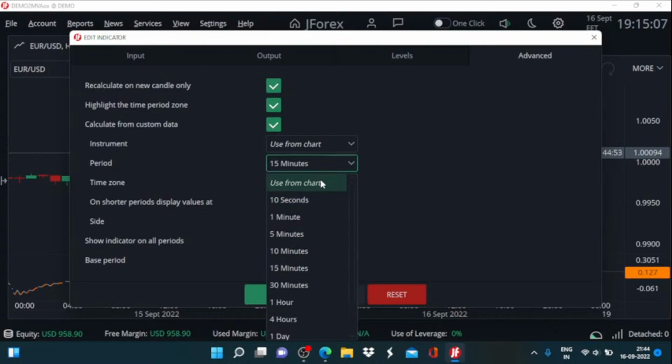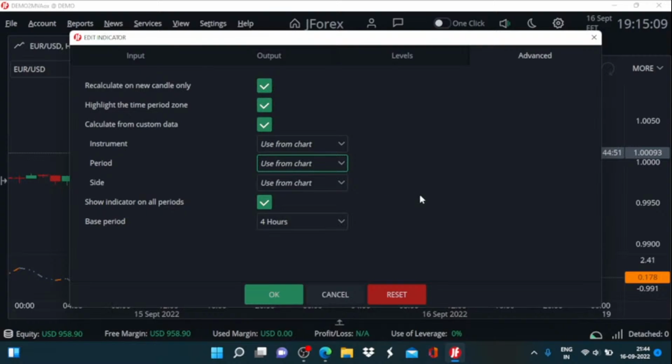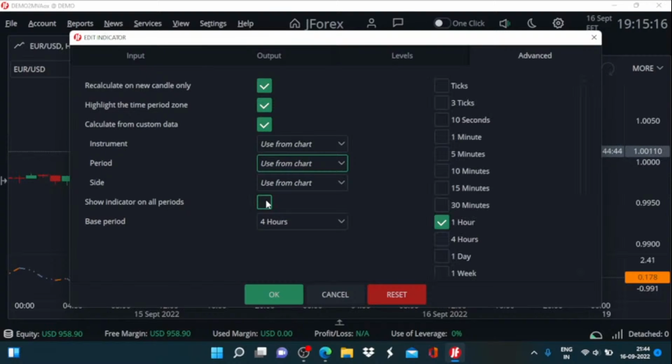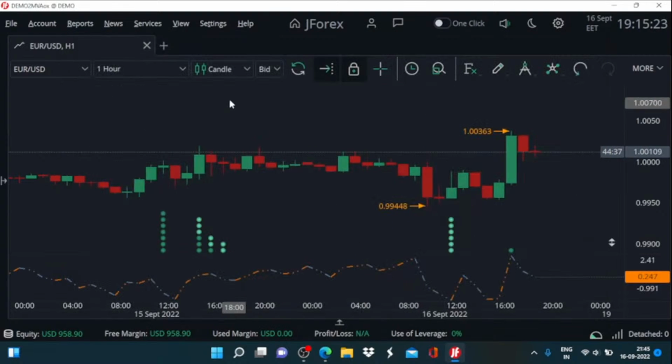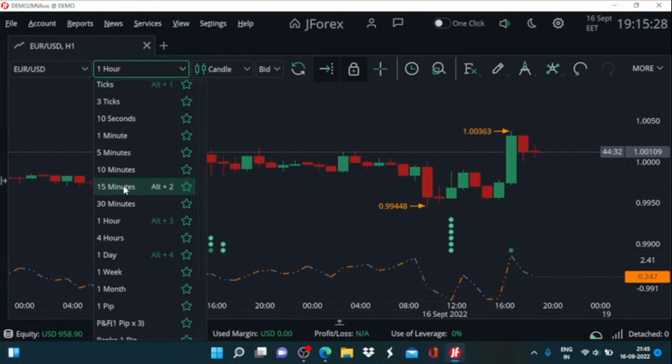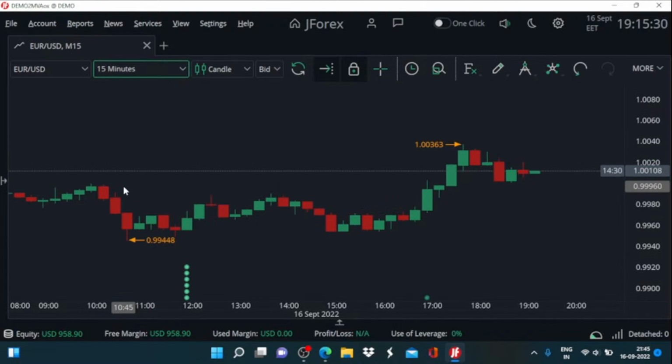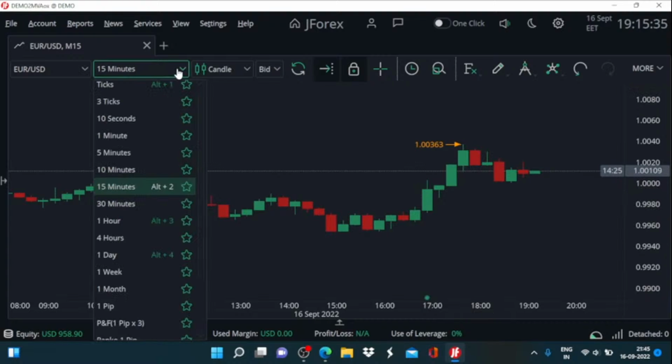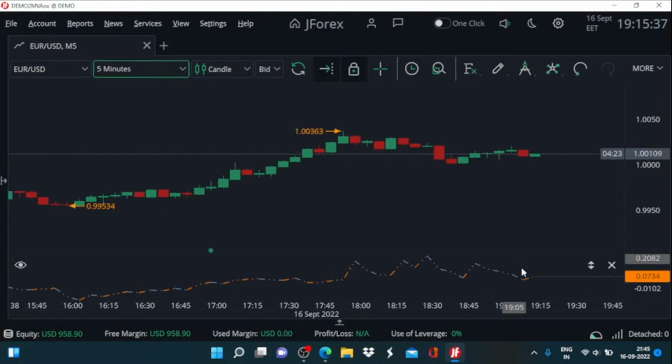You can make use of these various options. If you want the indicator to be available on all the candle periods, then you have to opt in for this. But if you want the indicator to be available only on chosen time frames, then you can opt out of that option, and only on the time frames which you have selected will the indicator be plotted, and on other time frames the indicator won't be plotted.